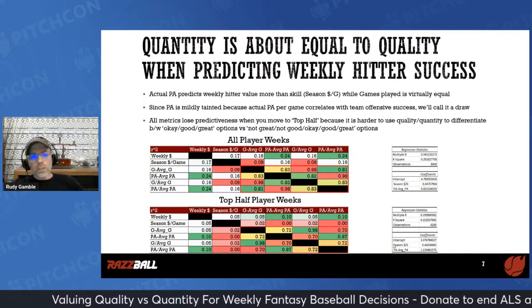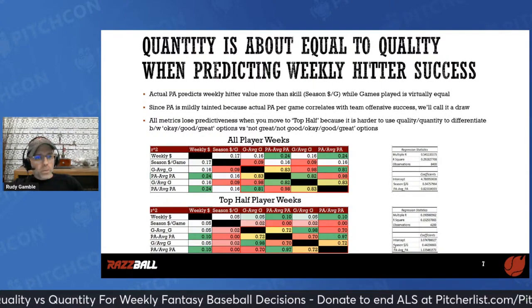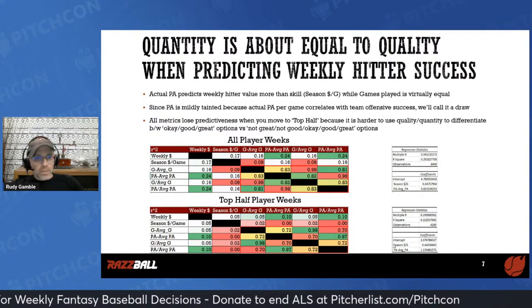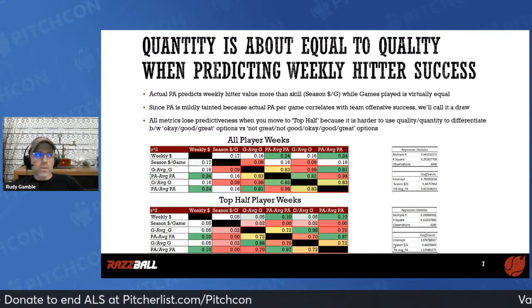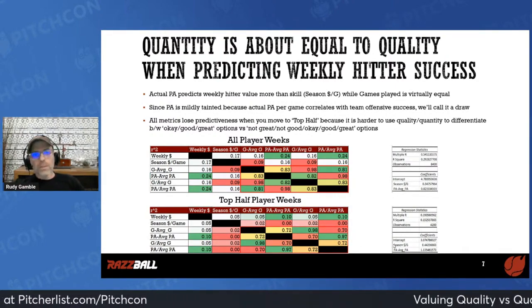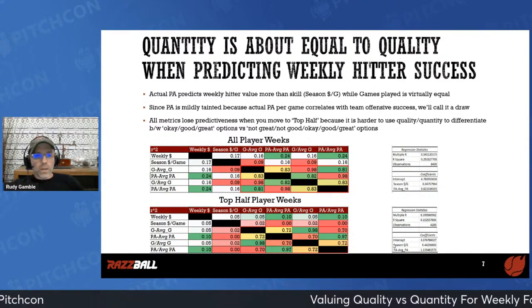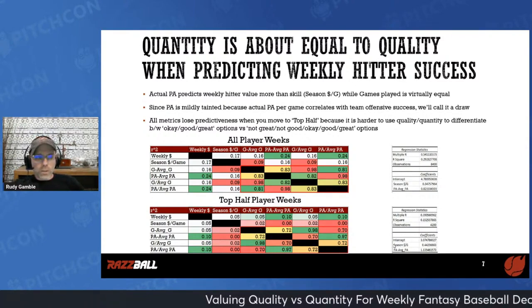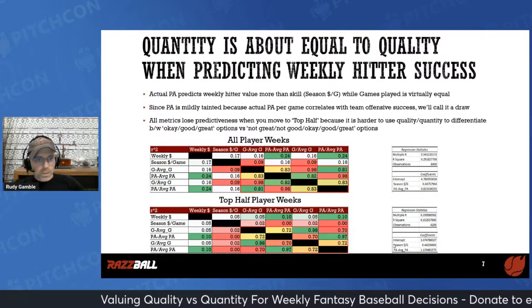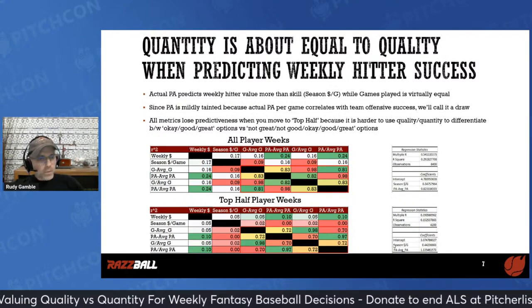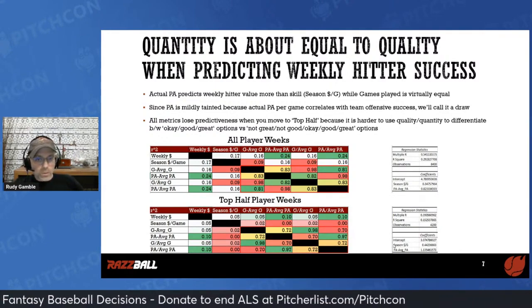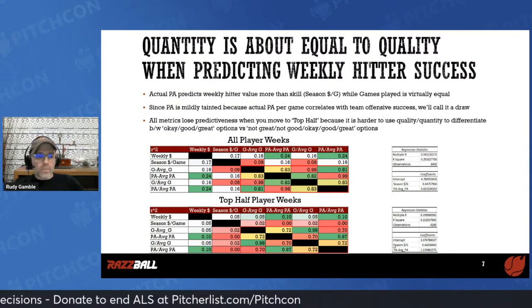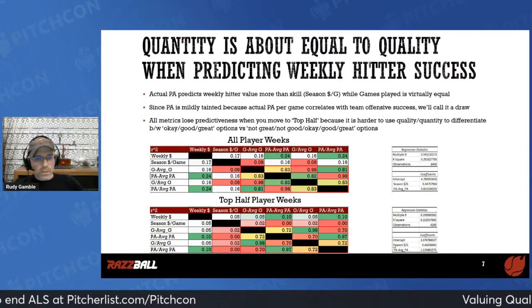And the reason you do this is that, with all player weeks, that season dollar per game is telling us some really obvious stuff, that, of course, Ronald Acuña is better than the awful hitter. It gets a little tougher when you're making comparisons between guys that are actually near the $1 value that were potentially useful. So with all the correlations there, it's harder to predict who's doing well.